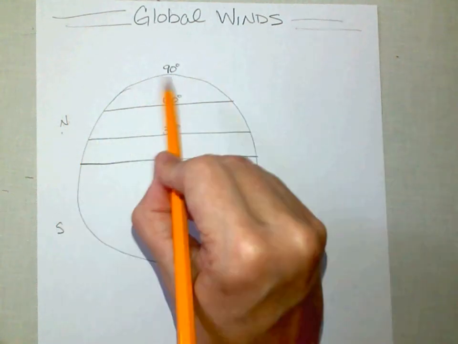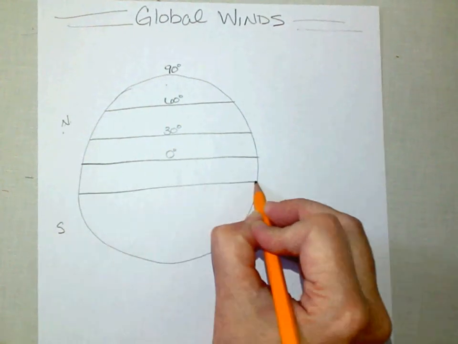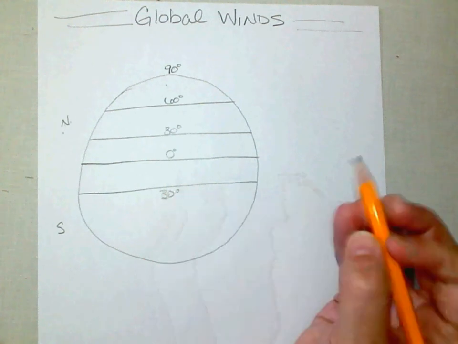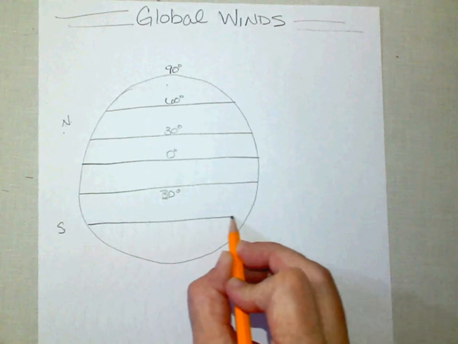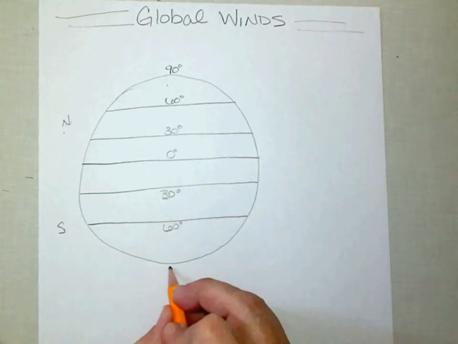Same thing down here in the southern hemisphere: 30 degrees south latitude, 60 degrees south latitude, and then 90 degrees south latitude.